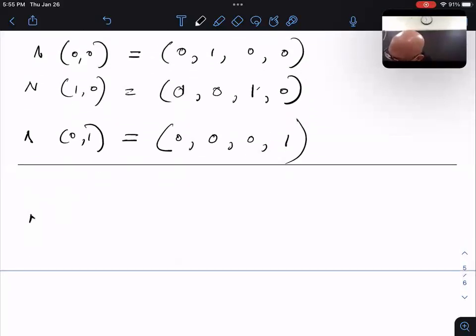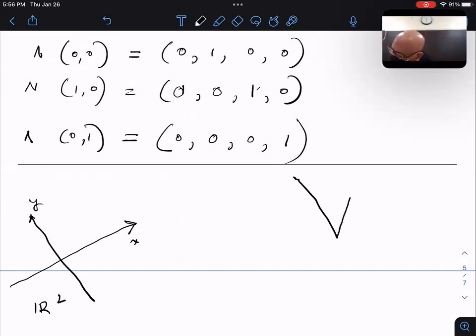So note that in this case, my primordial setup is R2. So this is R2, right? So this is what I'm going to map into a 4-dimensional space, which I, of course, can't really draw. So that's why I'm going to pretend that I can draw.